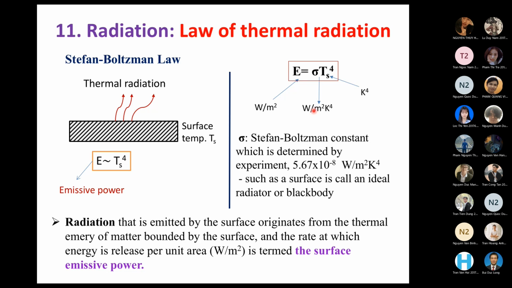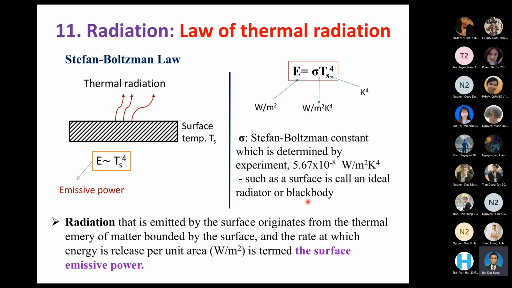This sigma is what we call the Stefan-Boltzmann constant. This constant is used for an ideal radiator, or black body.